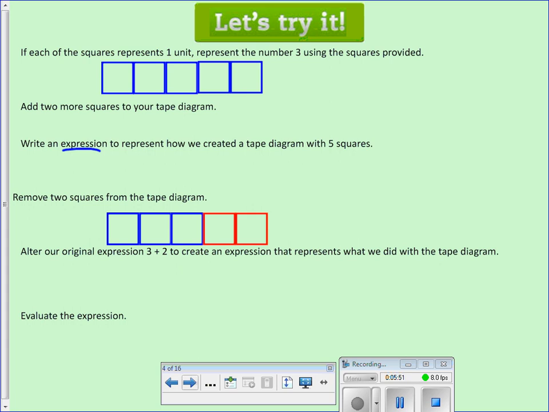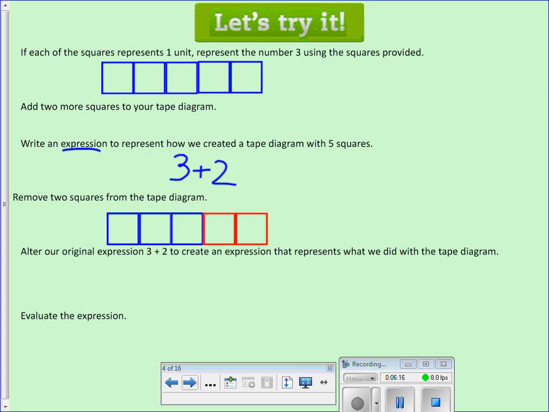So what did we start with? 3. And then we added 2. So that's an expression of what we did. So now here is our picture. I made them red and blue just so we could see the 3 and the 2, but they're still constants. They all represent the same value. It doesn't mean anything different that they're different colors.